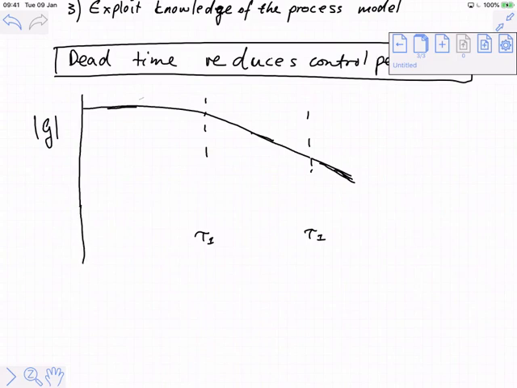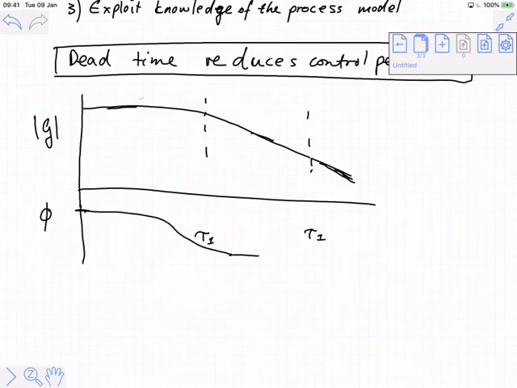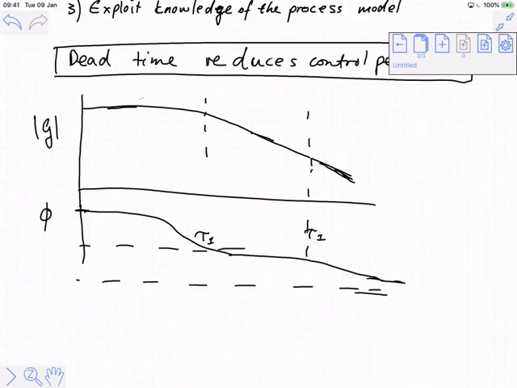And on the phase part, having just this system, I would imagine a set of inflections roughly at the time constants where I lose 90 degrees of phase for every lag.